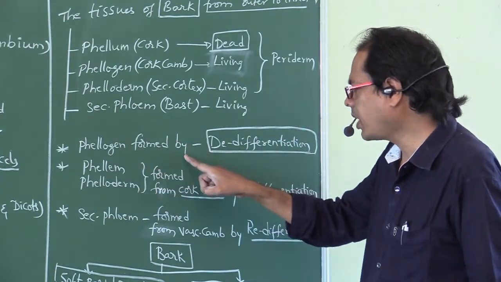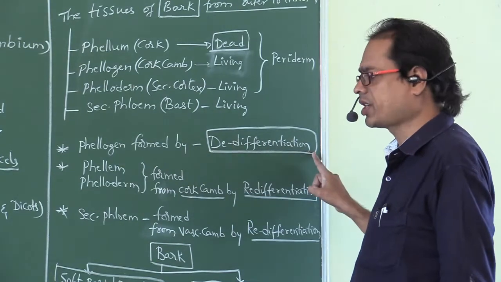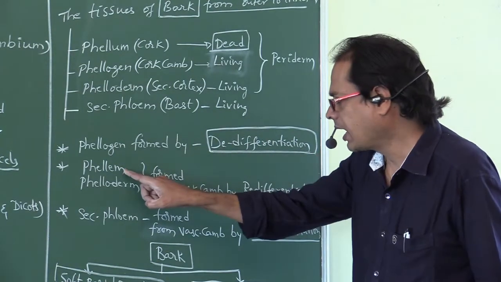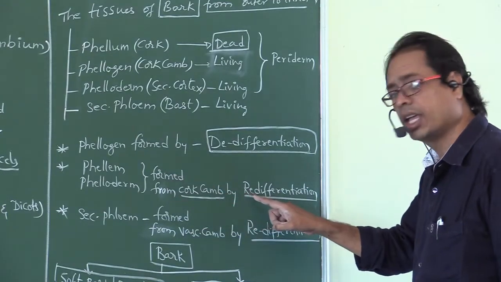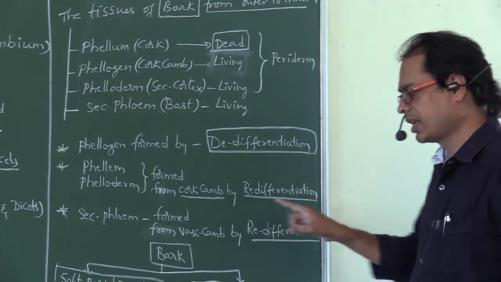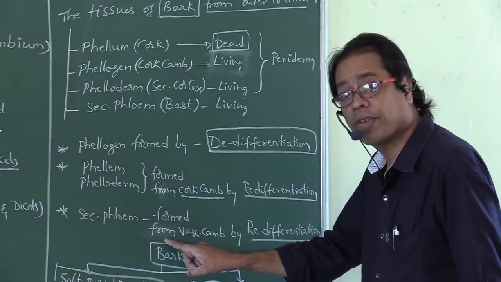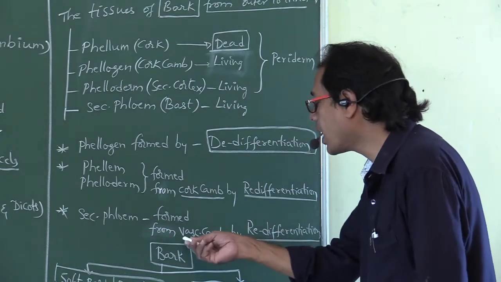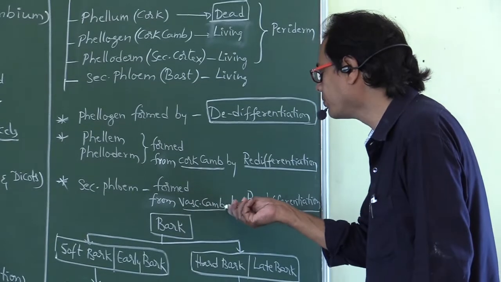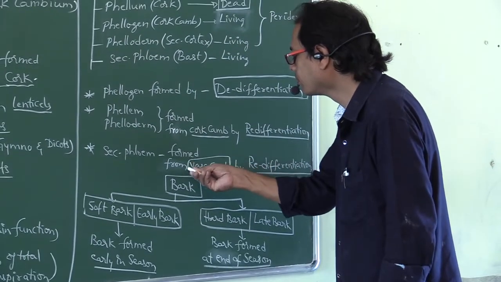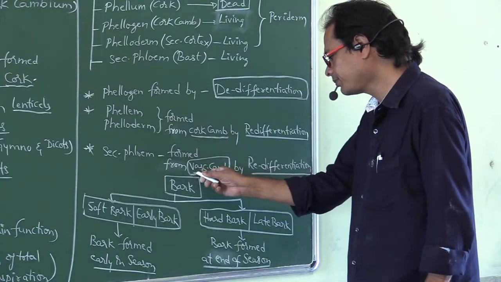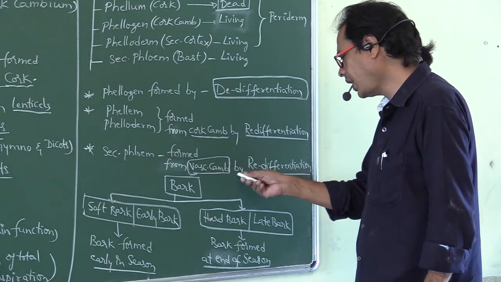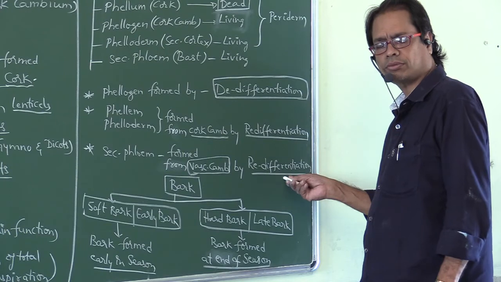Phellogen is formed by dedifferentiation. Phellum and phelloderm are formed from cork cambium by redifferentiation. Secondary phloem is formed from vascular cambium by redifferentiation.